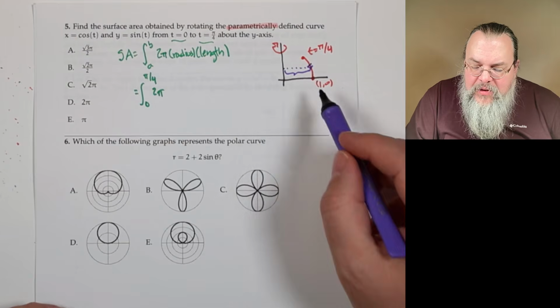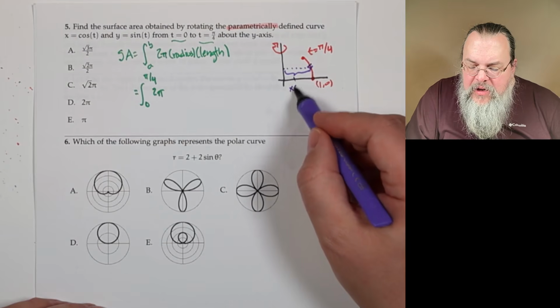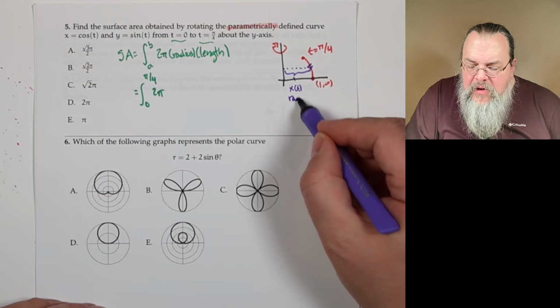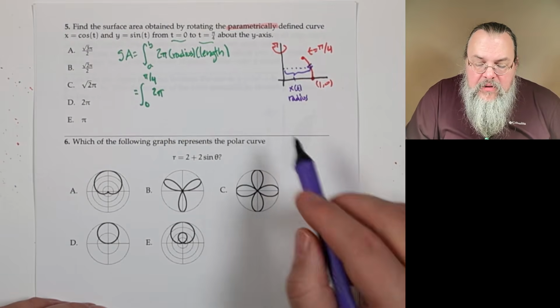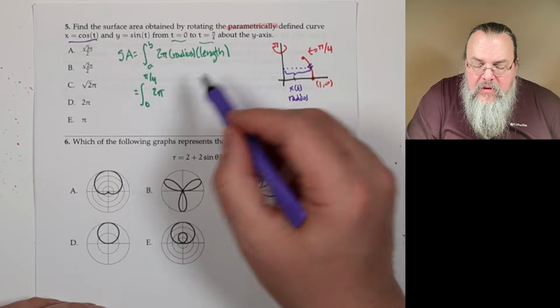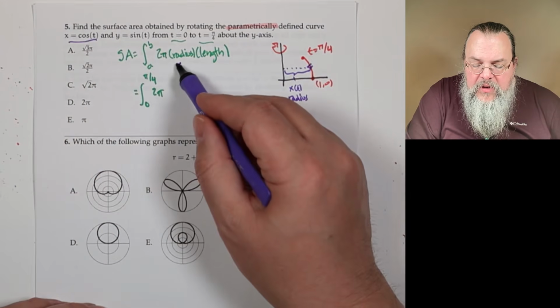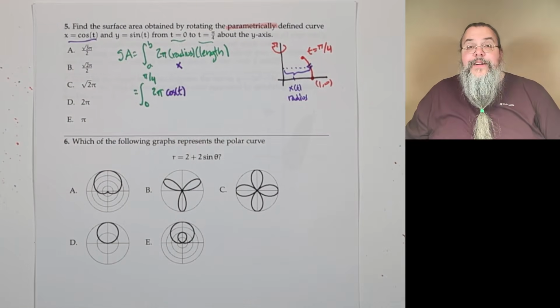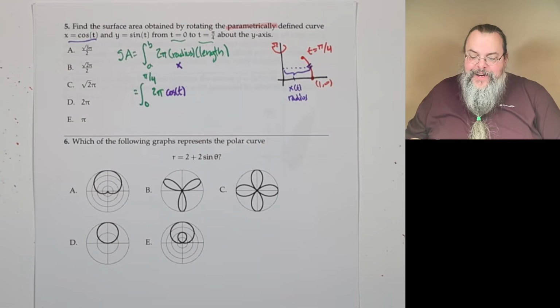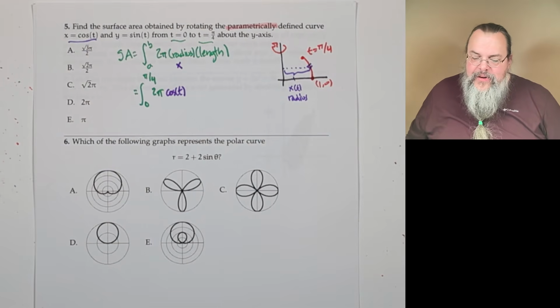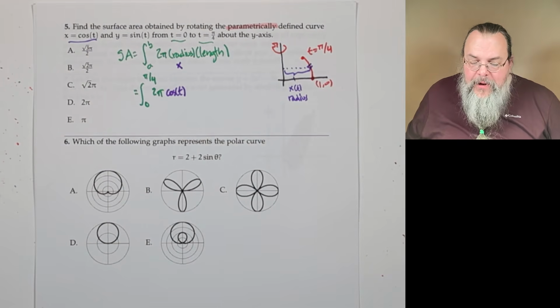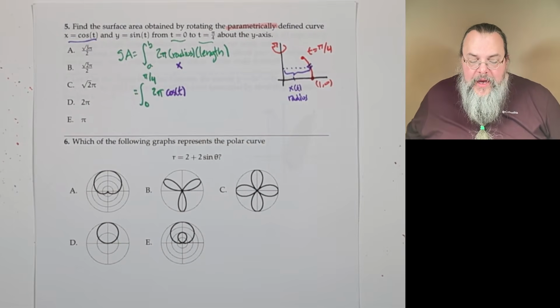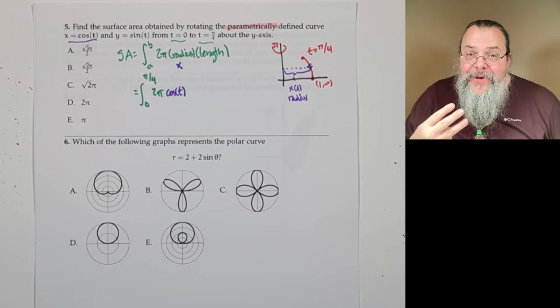And so we say, okay, this is our x of t. This is our radius. And so what is our radius? It is cosine t. All right, so I'm just going to put x. So here's cosine t. Now, length. Aha! This gets back to our length problem, where length comes in 3 flavors.